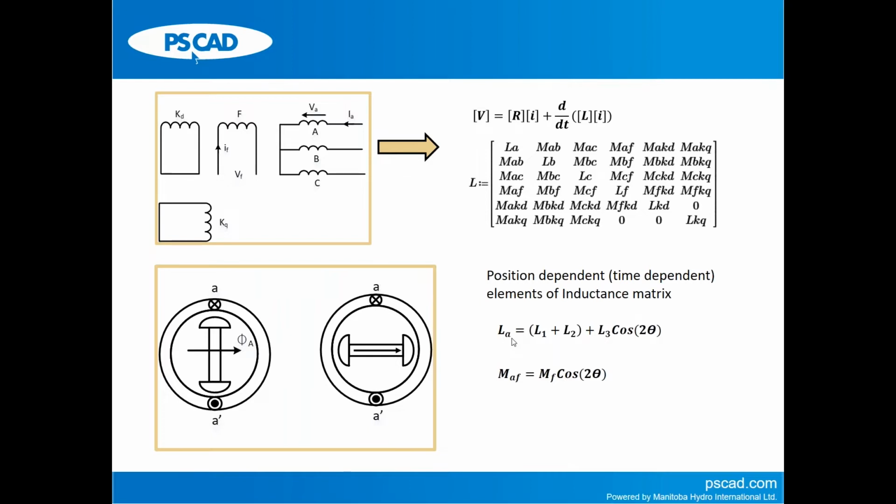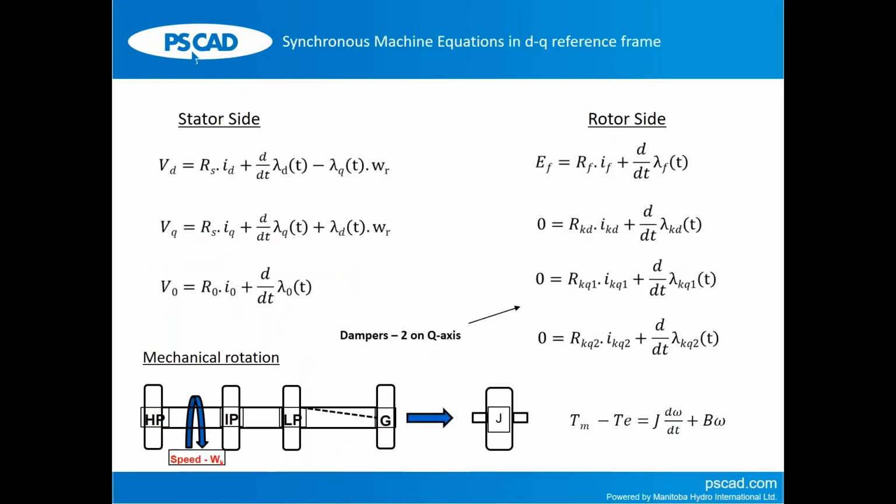Right? So now we have to solve this equation, which is a little bit complex because now L is not constant. But in order to get the machine currents, you have to solve this. There's no other way.